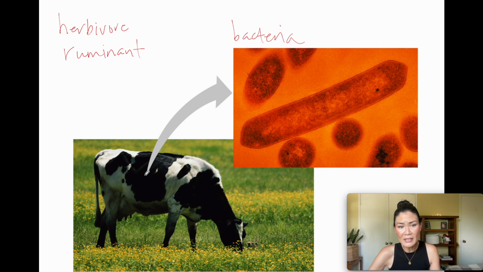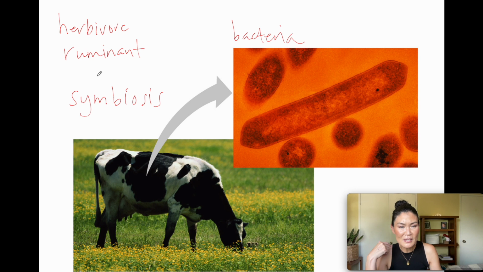So the bacteria lives inside of the cow, and the cow is able to receive the nutrients from grass because the bacteria is there to help them, okay? And this special kind of relationship between bacteria and cows is called symbiosis, where they have a close relationship.